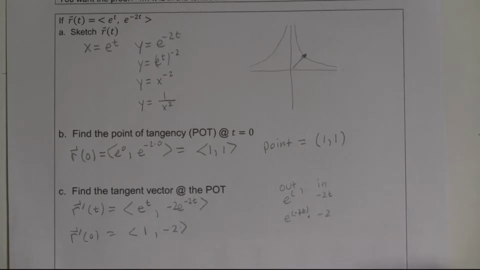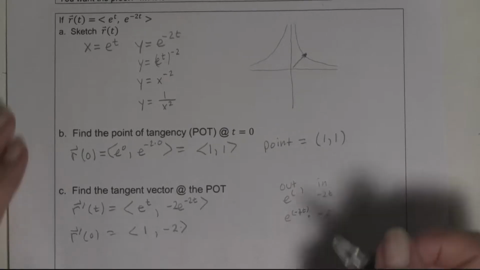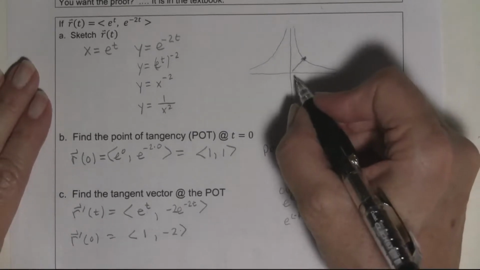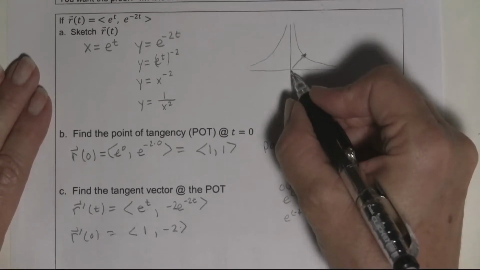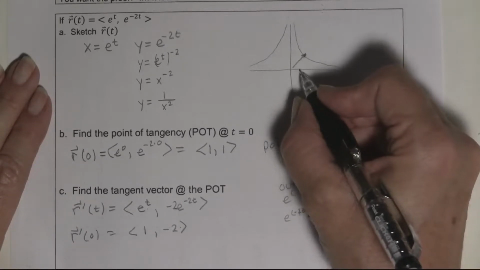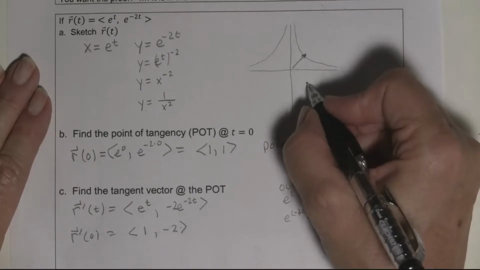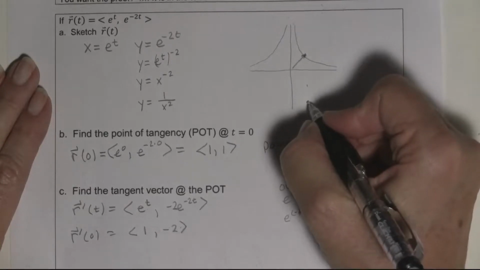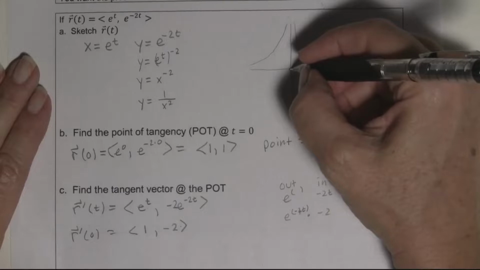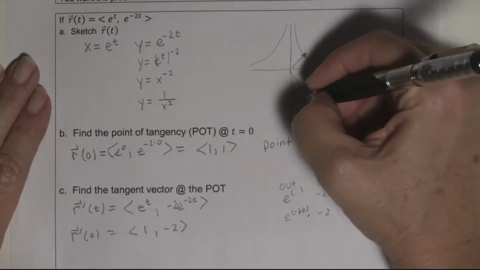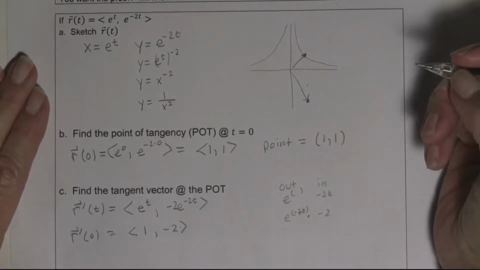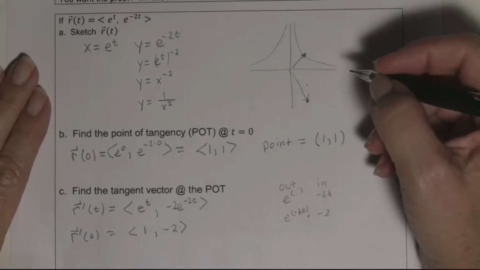Now, if you were to plot this tangent vector, I'm going to plot it. So I'm going to come over here, and the terminal point is over 1-ish, down to 1, 2. So somewhere here, and this is my tangent vector. Remember, you can move vectors where you want.